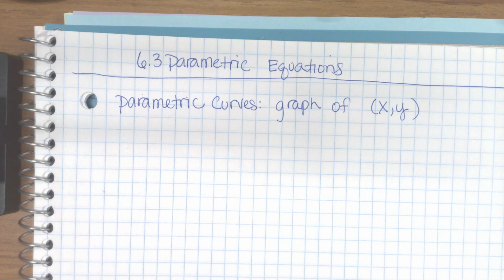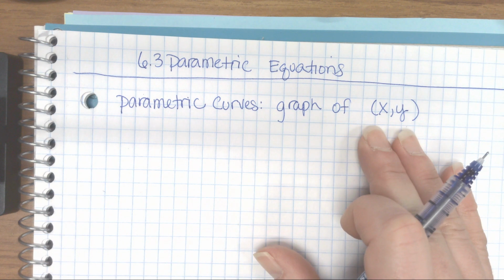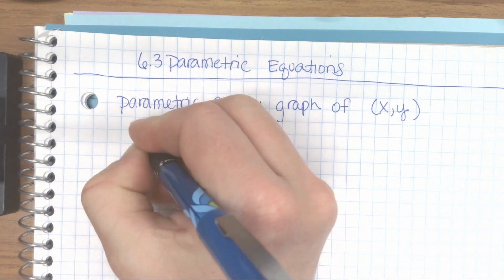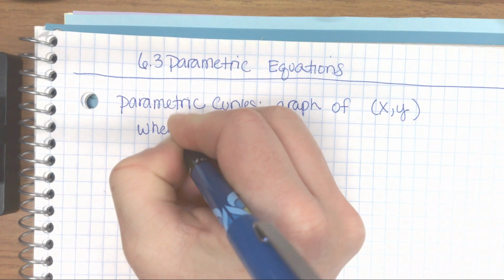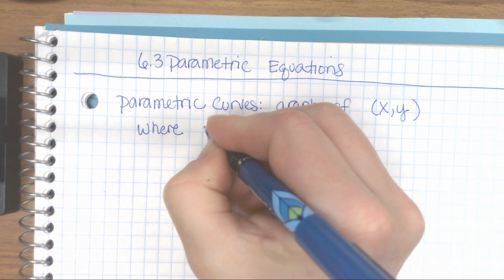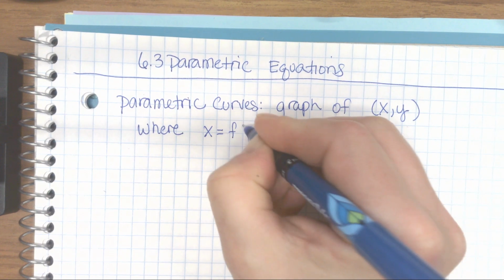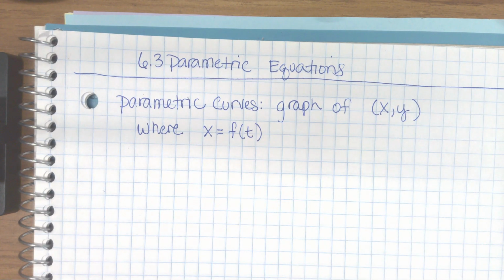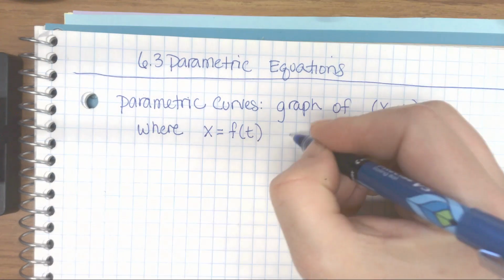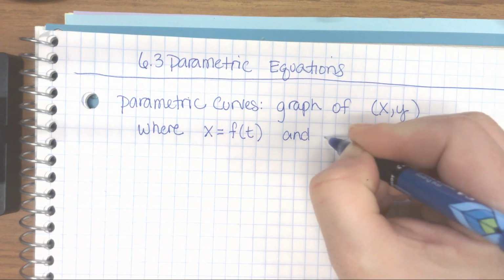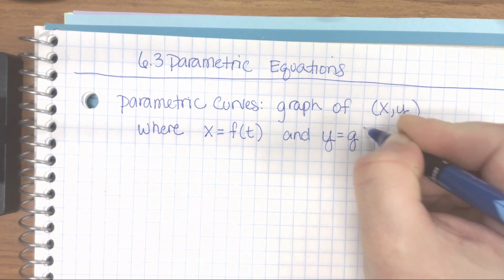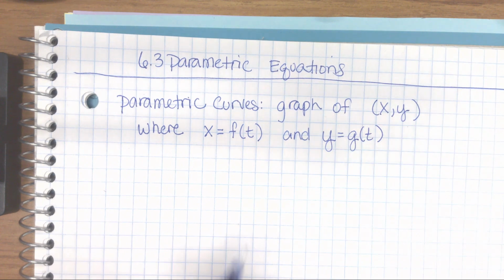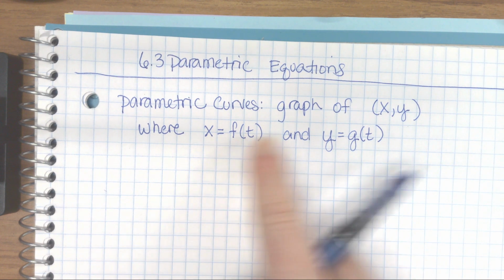So today, we're going to graph still x, y as our ordered pair, but we are going to define x and y as follows: x is a function all on its own, and y is a different function all on its own. And notice I say x is f of t and y equals g of t.